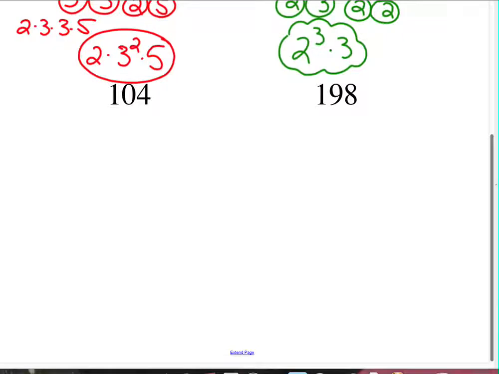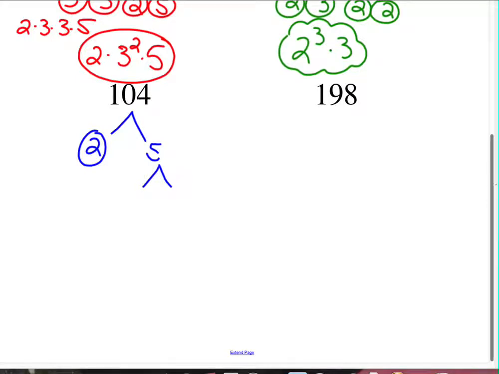Ooh, 104. What times what is 104? Well, it's an even number. You can always divide by 2. 2 and 52. That's prime. 52 is not. What times what is 52? Well, it's an even number. Oh, I put 54. It's supposed to be 52.